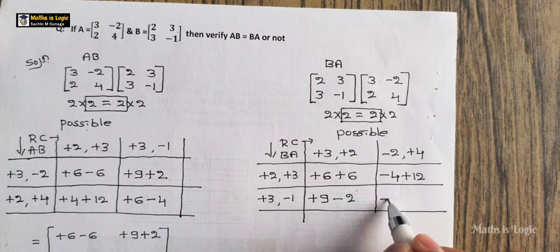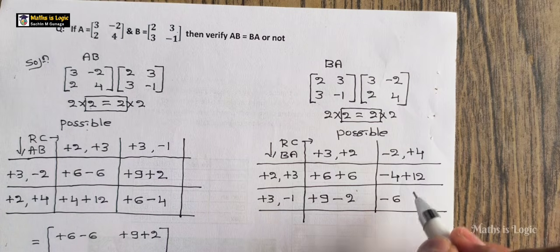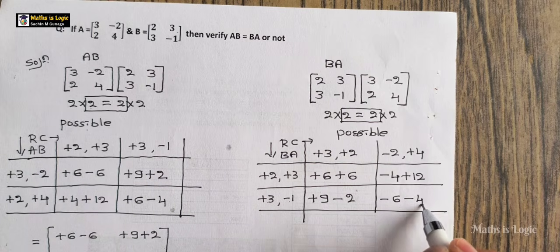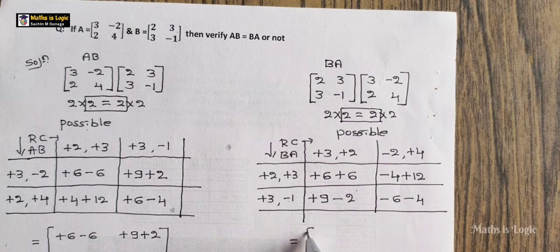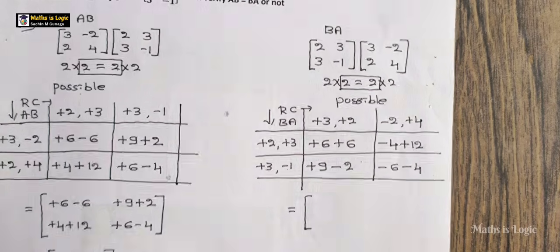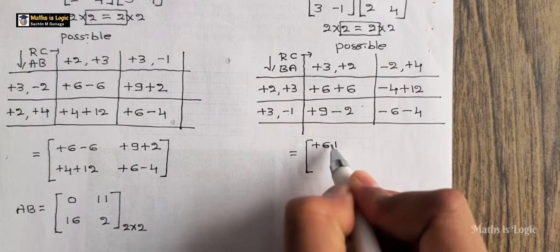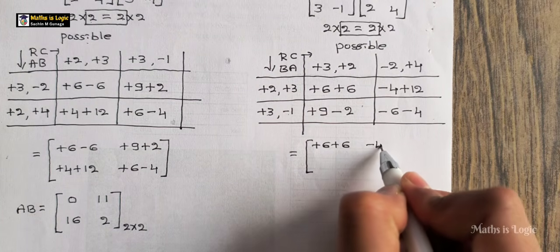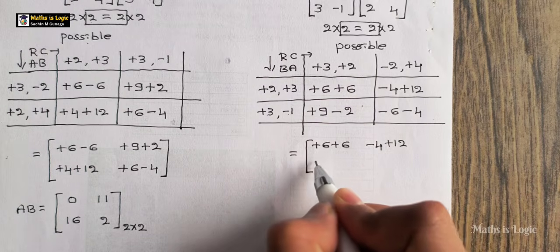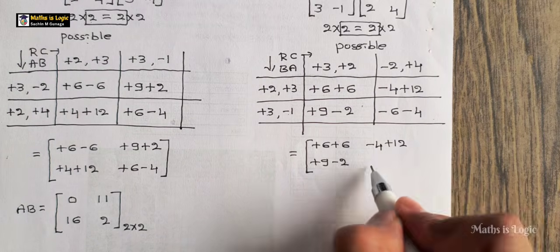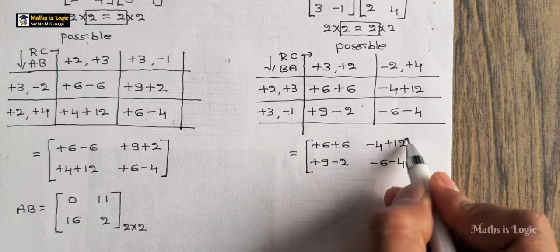Plus into minus is minus 3 into 2 is 6, minus into plus, minus 1 into 4 is 4. Therefore, in matrix form, rewrite plus 6 plus 6 minus 4 plus 12 plus 9 minus 2 and minus 6 minus 4.